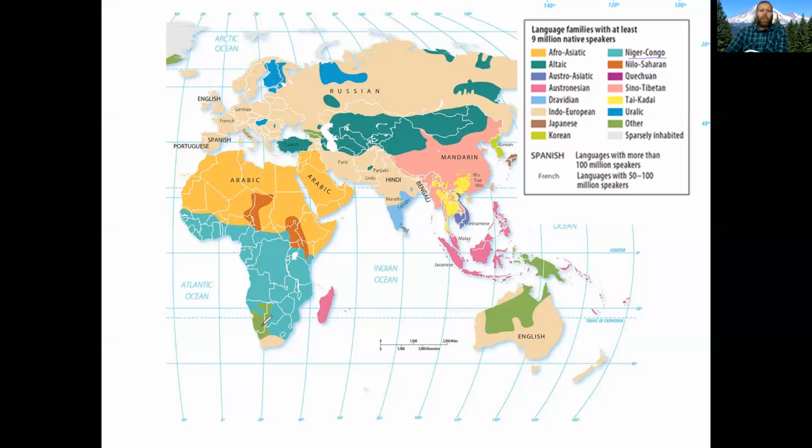Down here, the green bit is another example of the other languages that don't fit into Nilo-Saharan or Niger-Congo. There are many language families there, but if you've ever heard of the language that has the clicks, those are going to be down here in these other language families that are only spoken by very few people.